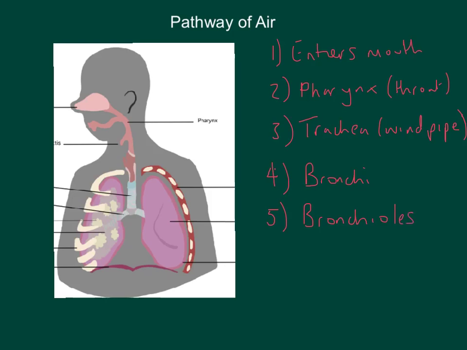Okay, after it goes to there, it's then going to travel to the alveoli, this small bunch of grapes, if you like. It looks like a bunch of grapes at the end of the bronchioles. So it then goes to the alveoli, and now we've got a massive key point coming up here, because the alveoli is where the exchange of gases occurs, or gaseous exchange.